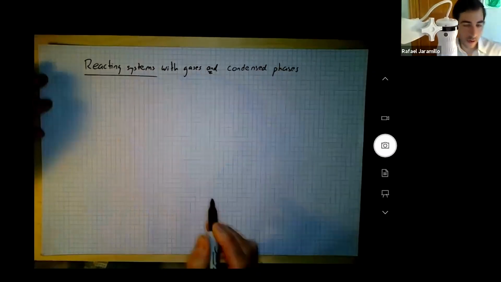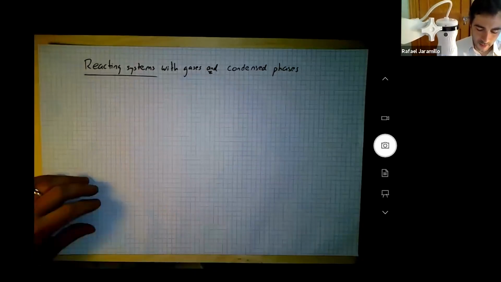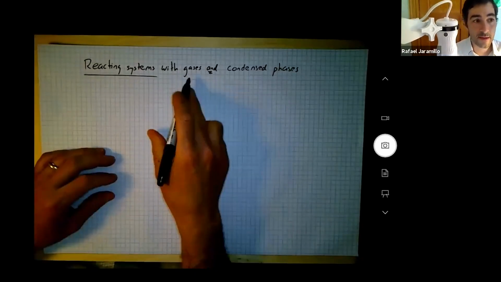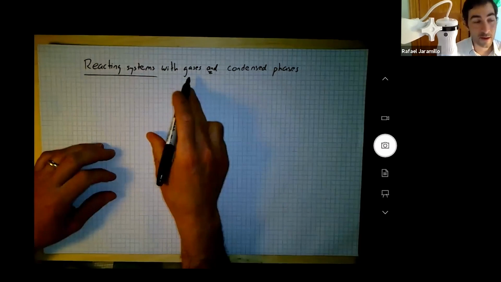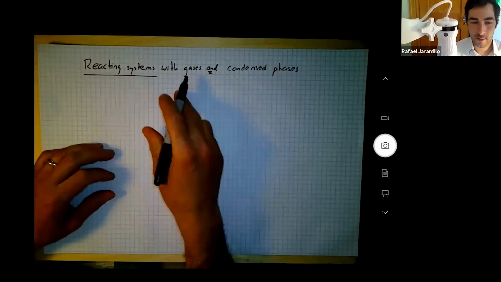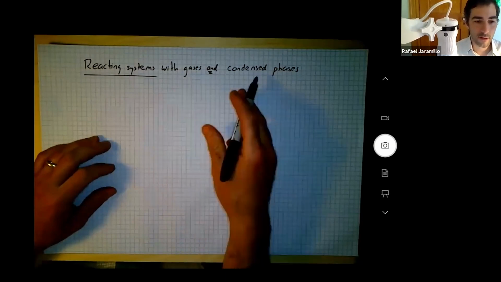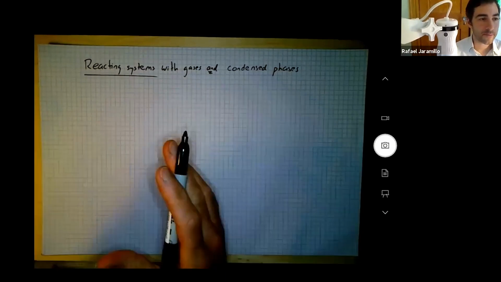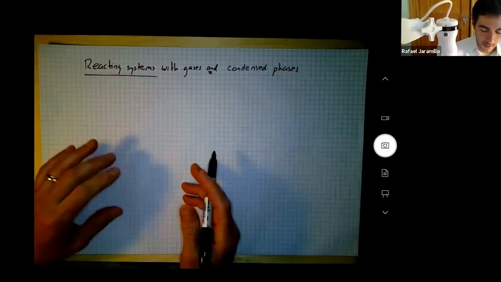So, we spent a couple lectures in the middle of the term on reacting systems with just gases. And then in the last couple lectures, we've talked about oxidation, which are reacting systems with oxygen gas and condensed phases, that is metals and oxides. So we're going to just generalize that a little bit.